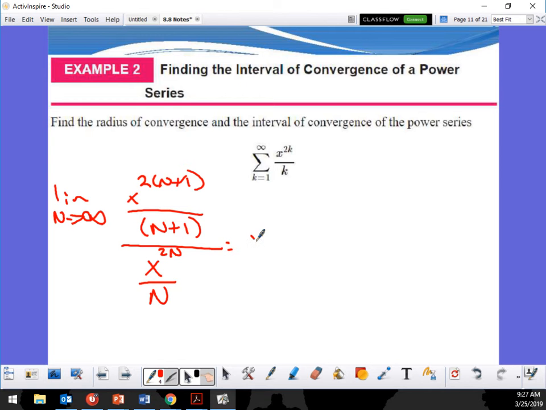So that's going to be x to the 2n times x squared, right? Because I have a 2 times this n value, I have to distribute that. Over n plus 1 times n over x to the 2n.